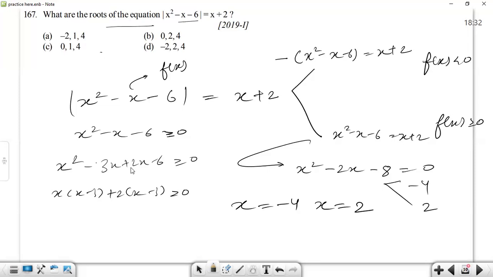And also, when we sum minus 3x plus 2x, it will give us minus x. That's why our factorization is successful. So 3 here and minus 2 here. Correct.